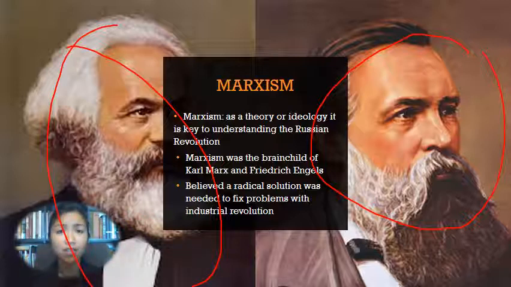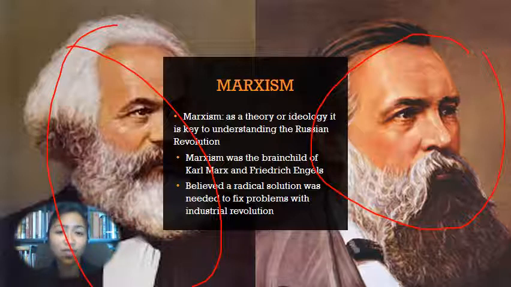Marx and Engels thought this was really unjust, and they believed that this would only change if there was a radical solution. It's not going to change by itself, and they could see that this was happening in Germany as well.